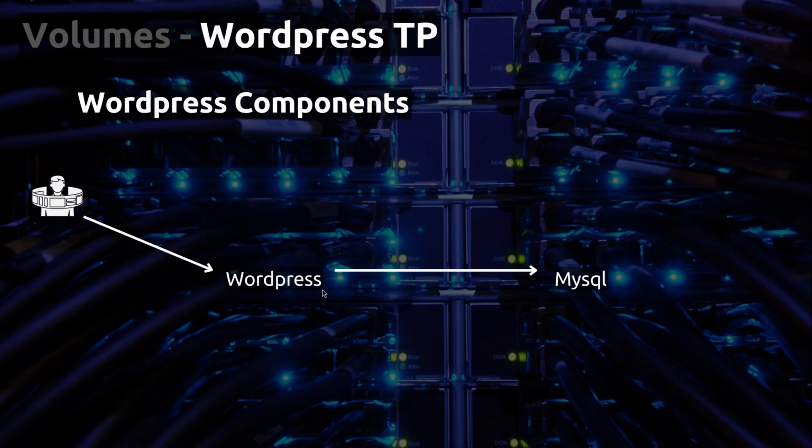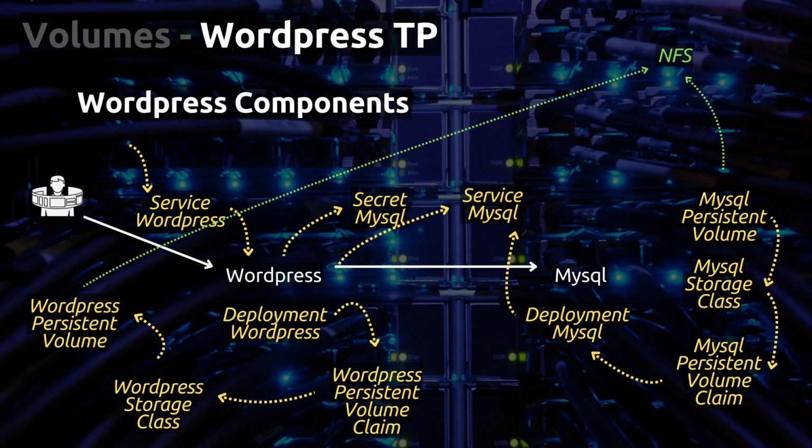In our case, we only know the classical services, and we will use NodePort to access our WordPress. It's enough just to practice and make a reminder of what we have already seen in this Kubernetes playlist.